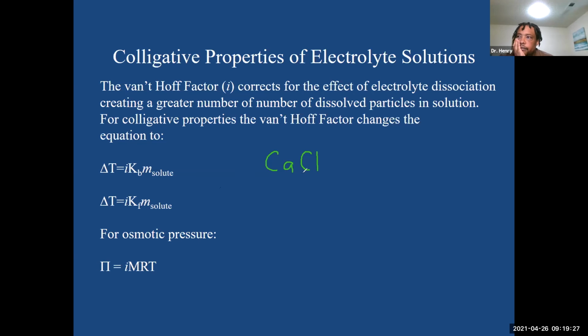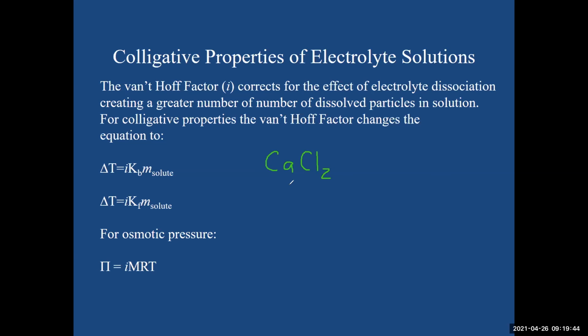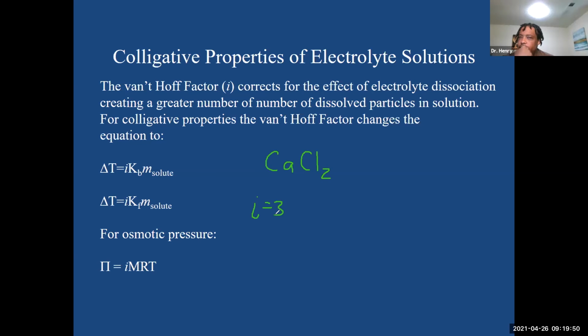Brain is not working today. I have calcium chloride, CaCl2. How many dissociation factors would I have? So if this dissociated, how many different particles do I have in solution? 3. So then my i would equal 3. Okay, you guys get that? Okay.